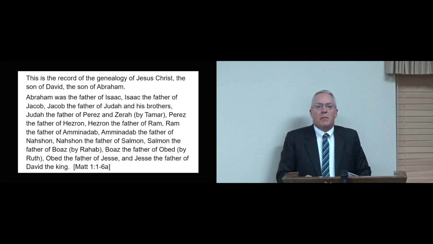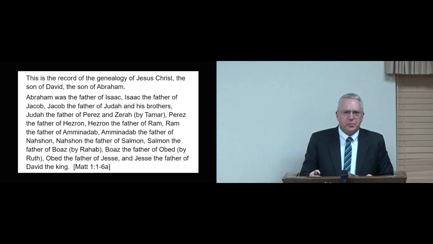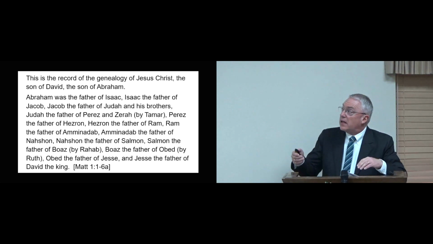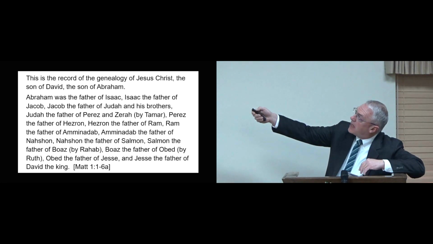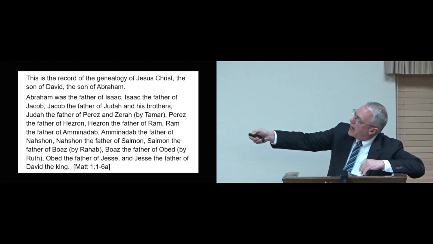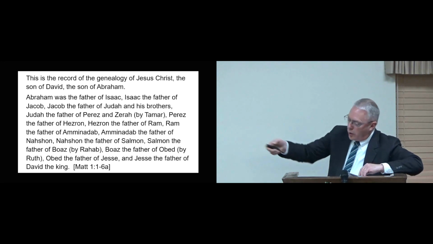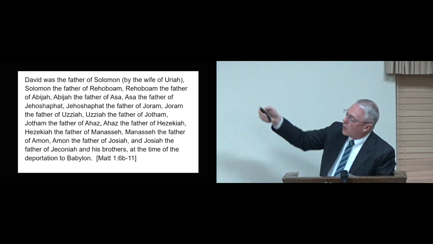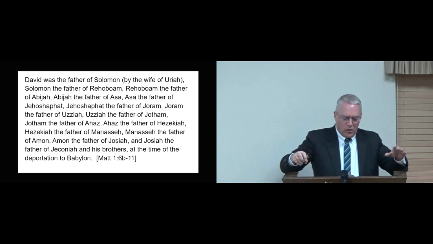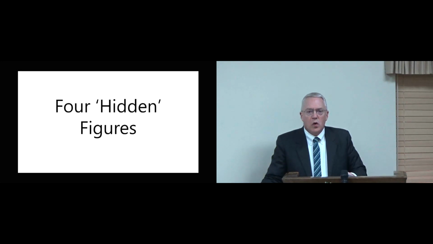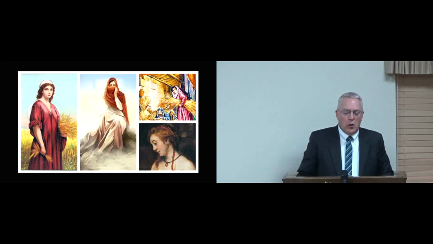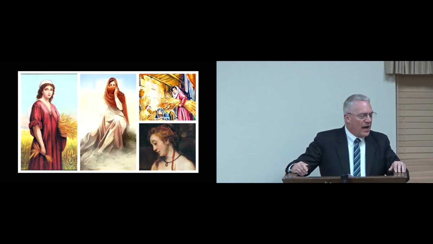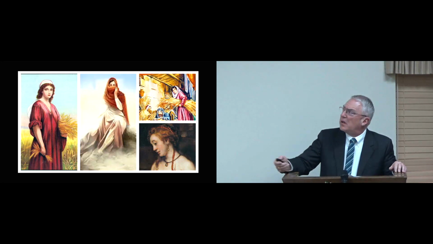Anyway, back to the main point here, that we have Tamar, Rahab, and Ruth, and then the wife of Uriah. So, who are these ladies, and why did they get called out?